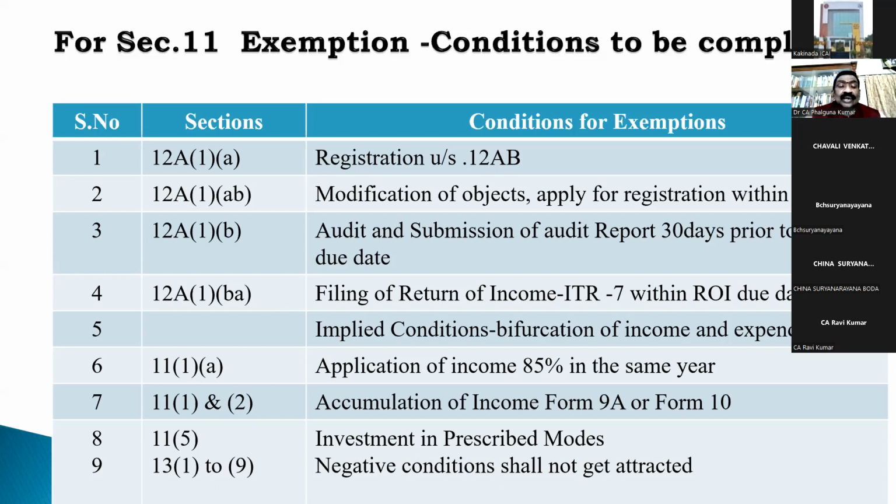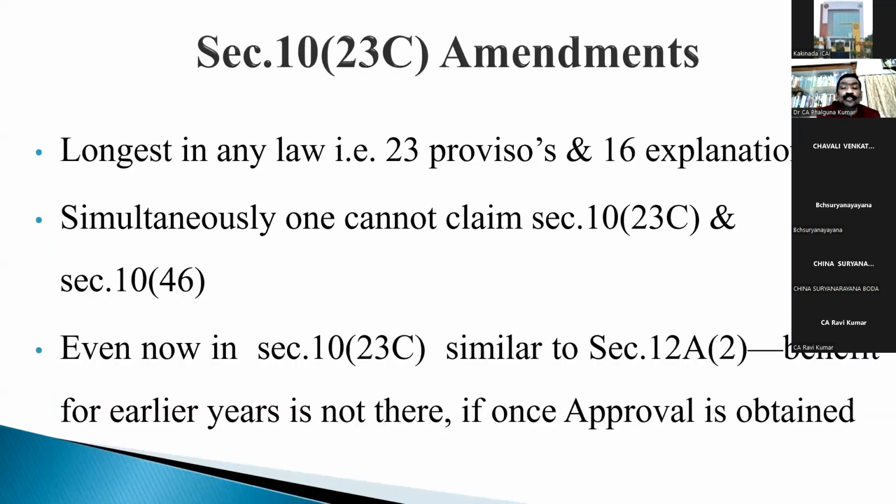All these conditions that are in the provisos are 100% ditto in 10(23C): 85% application, Form 10 filing within the time, getting the books of accounts audited, filing that year. The 10(23C) amendments this year are there. It has 23 provisos and 16 explanations. All these are read together; they are nothing but cumulative conditions one has to satisfy.